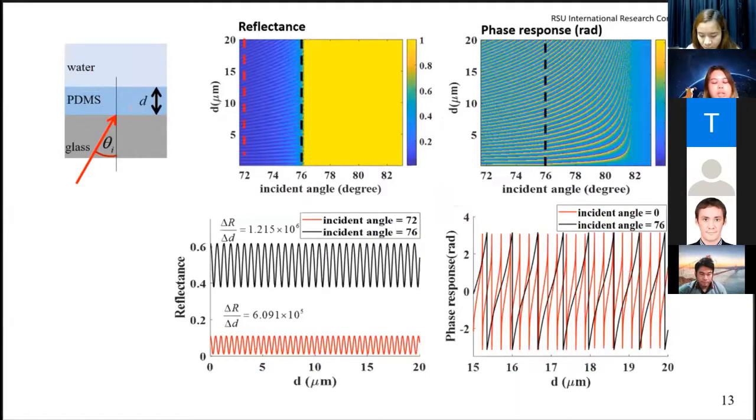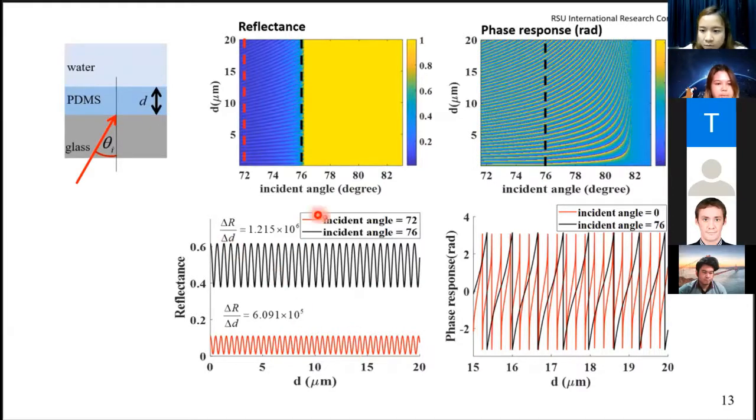The figure below shows the simulation result with different PDMS thin film thickness. The left figure is the reflectance result at incident angles of 72 and 76 degrees, and we find that the higher incident angle can provide a better response than the lower incident angle.